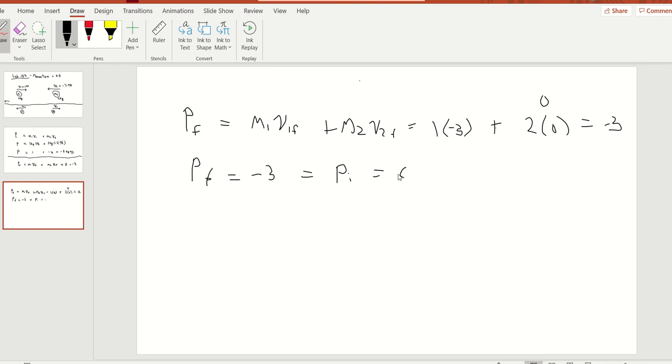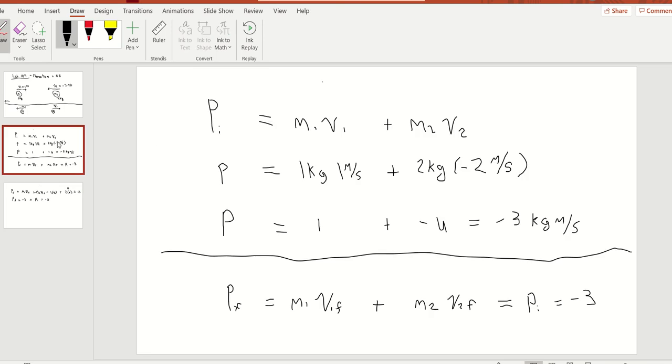Equals -3. So we already saw that the initial momentum was -3. We calculated it because we assumed that the initial mass is 1 kilogram moving 1 meter per second. The object 2 has a mass m2 of 2 kilograms. The initial speed is -2 meters per second, and we calculated this.